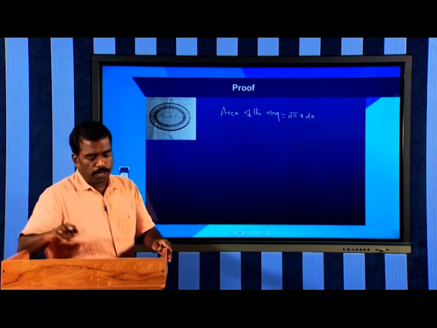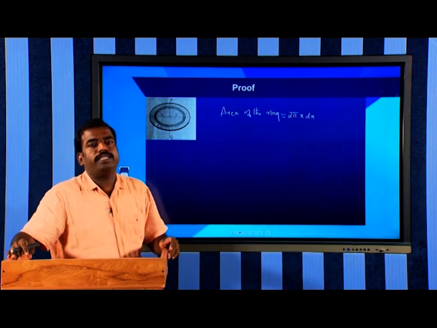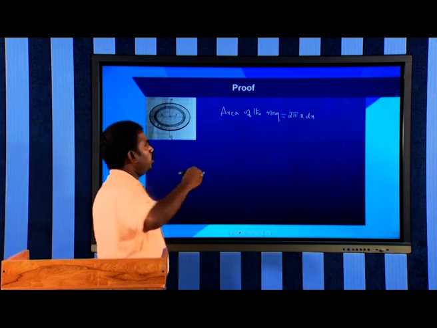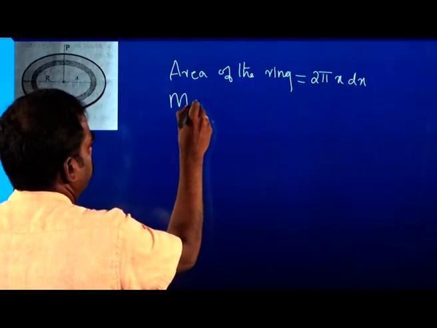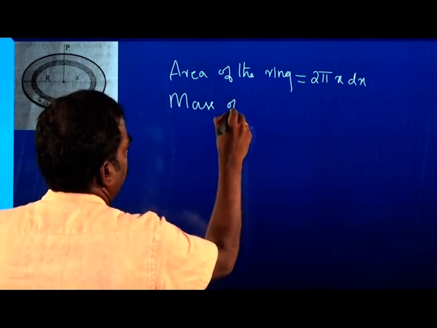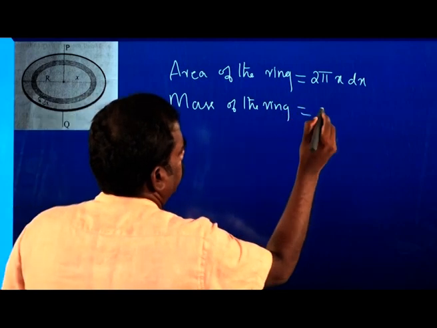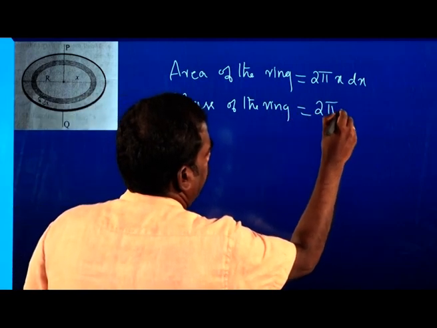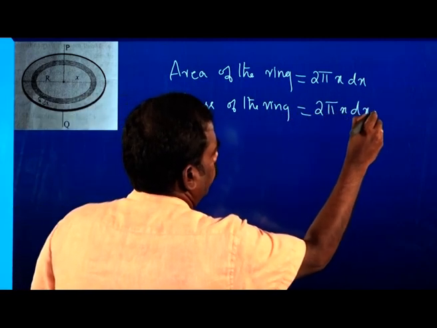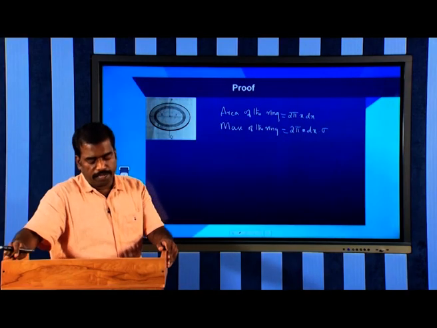So, 2 pi x dx is the area of that ring. So, you can easily find the mass of that ring, because we know the mass per unit area is sigma. So, the mass of the ring is the area of the ring, 2 pi x dx, into sigma. So, this is the mass of the ring.